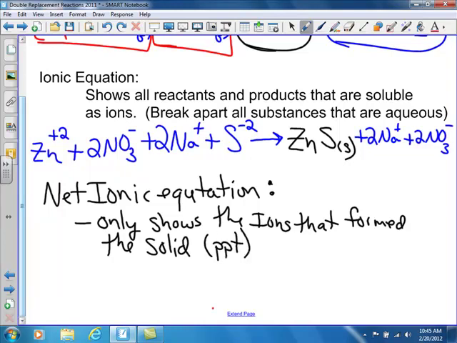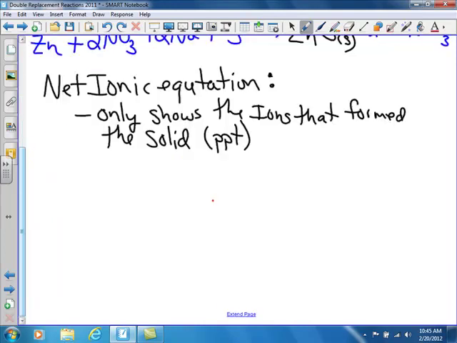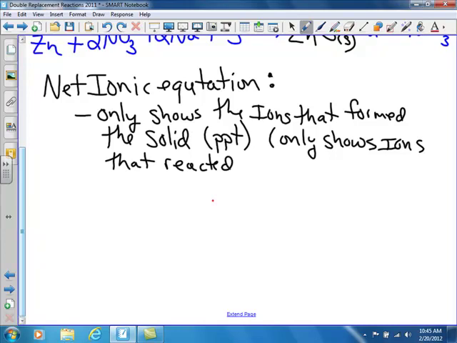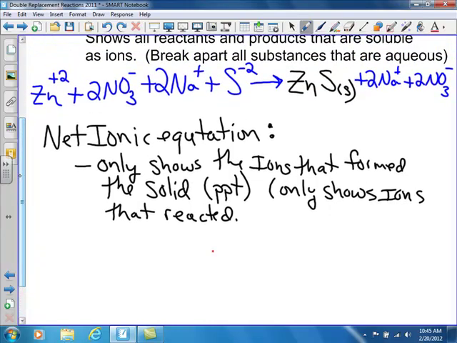In other words, it only shows the ions that actually reacted. That's what this does. This ionic equation only shows the ions that actually reacted.